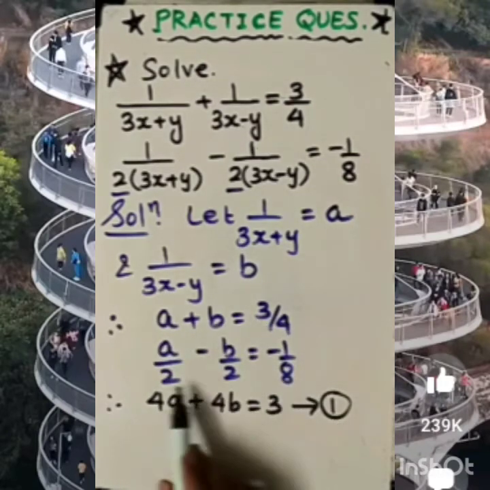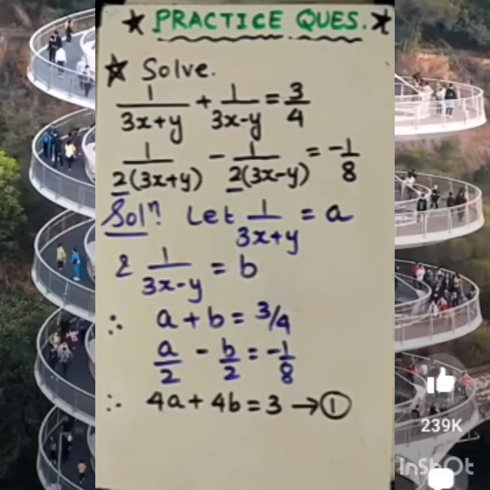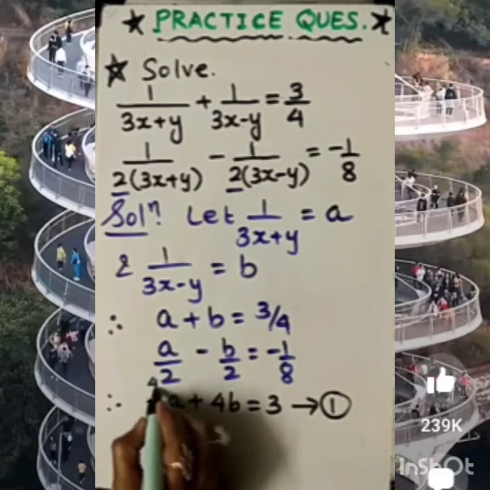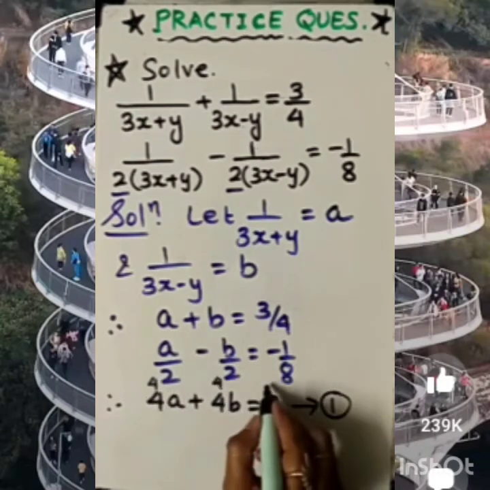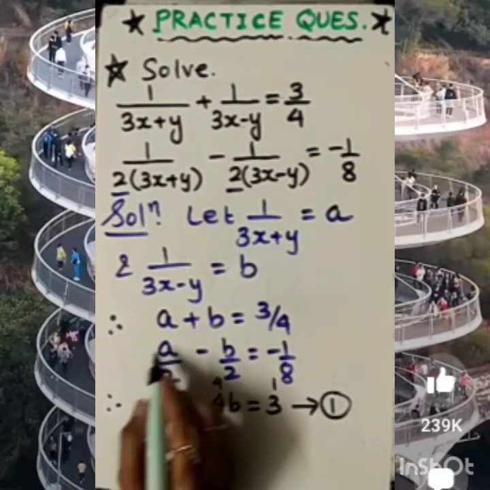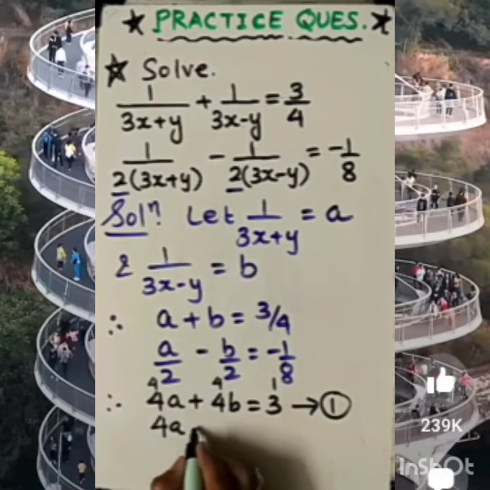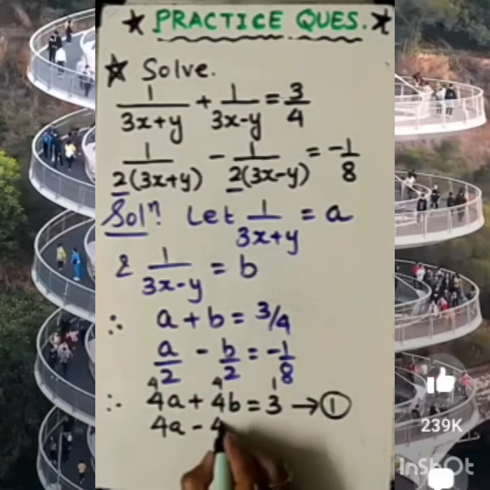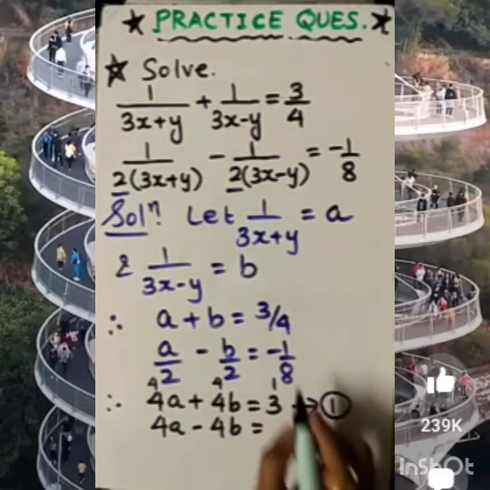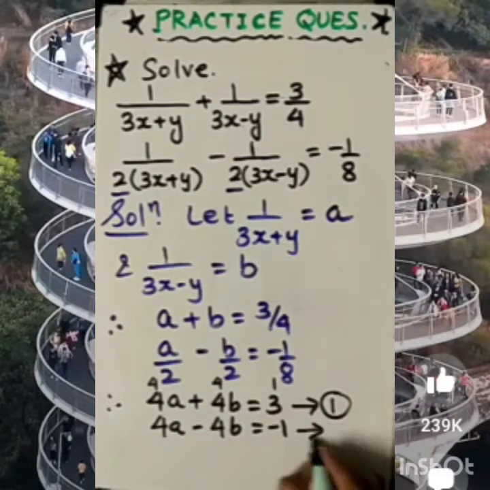Now here 2, 2 and 8. What will be the LCM of 2, 2 and 8? It will be 8. So here it is 4 into a, 4a, 4 into b, 4b, and of course here it is minus 1. Let me call this equation number 2.